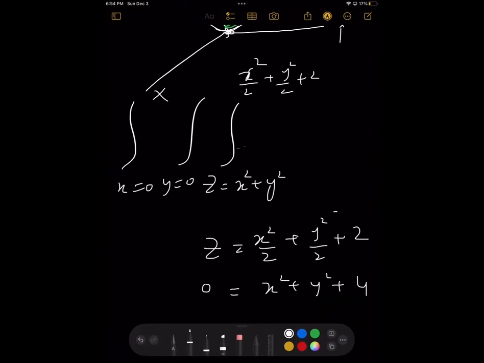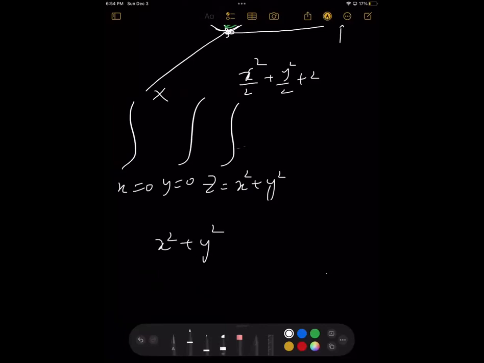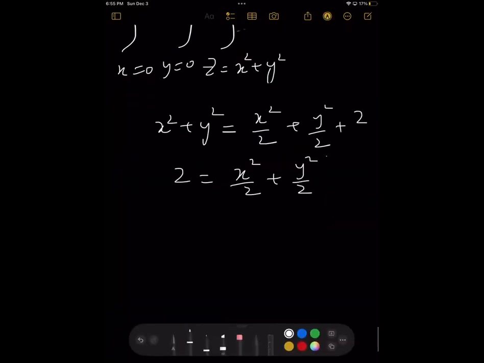No, I didn't make a mistake, I'm explaining wrong. So we have z is equal to x squared plus y squared, and the other z is equal to x squared by 2 plus y squared by 2 plus 2. Fine. So now we will solve it. It is 2 is equal to x squared by 2 plus y squared by 2. So this is x squared plus y squared is equal to 4, and y squared will be equal to 4 minus x squared.